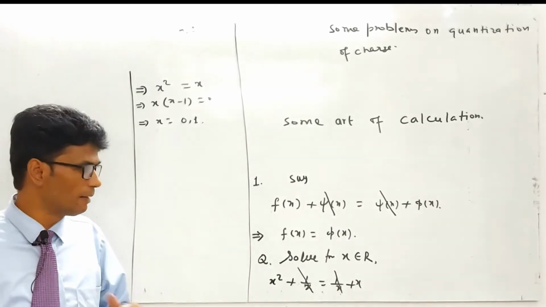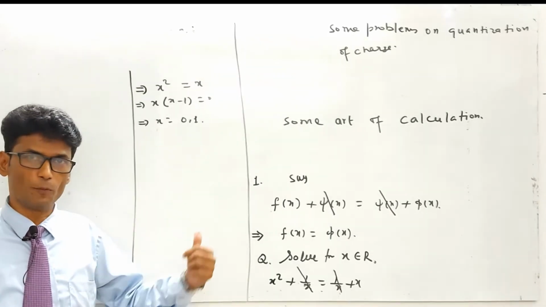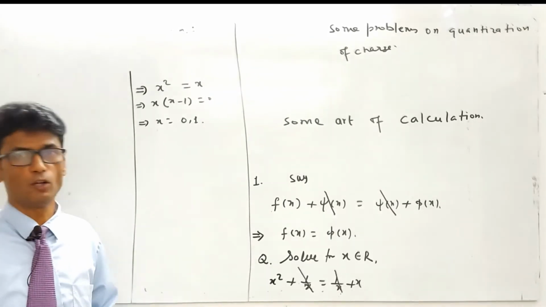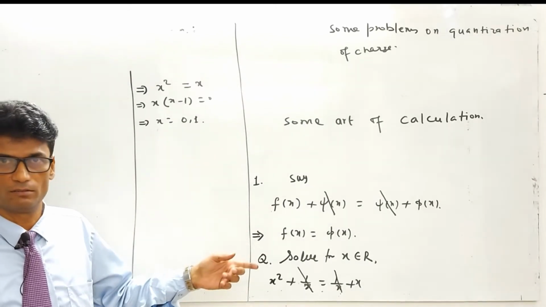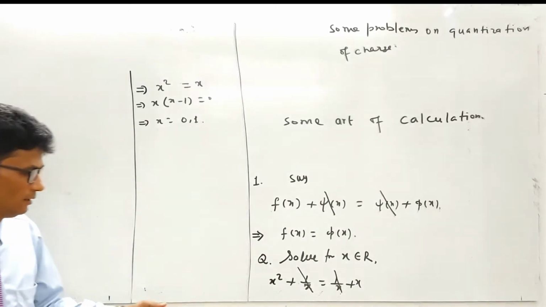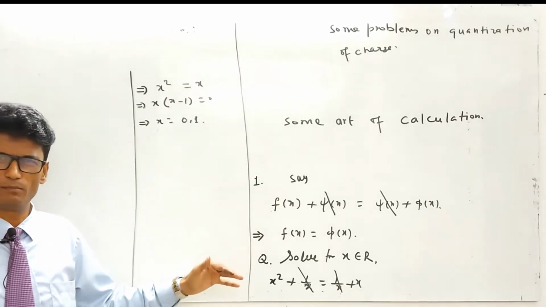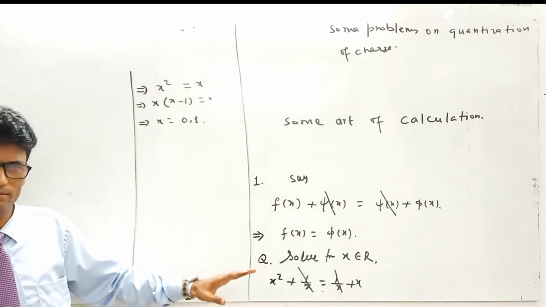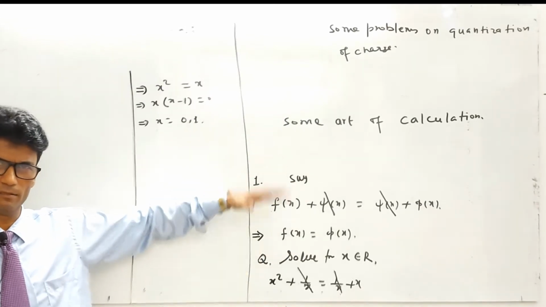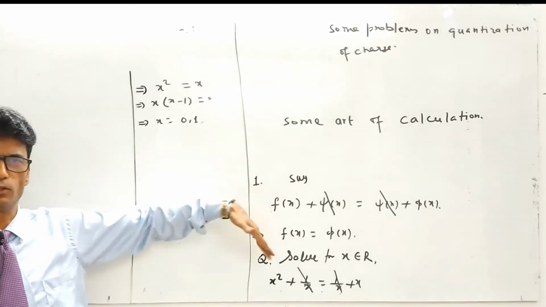And finally, we have to check whether the obtained x values are all our answers or not. Another aspect: do not cancel the unknown factor, do not divide by unknown numbers unless we know about them. These are the rules of thumb for the solution of equations.